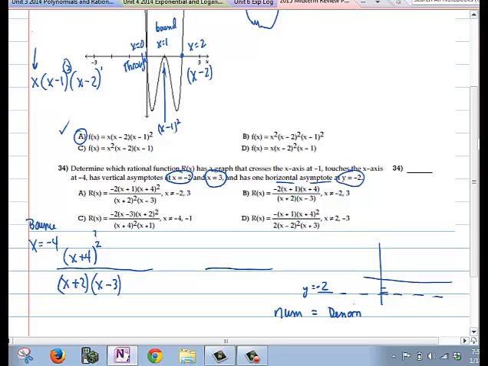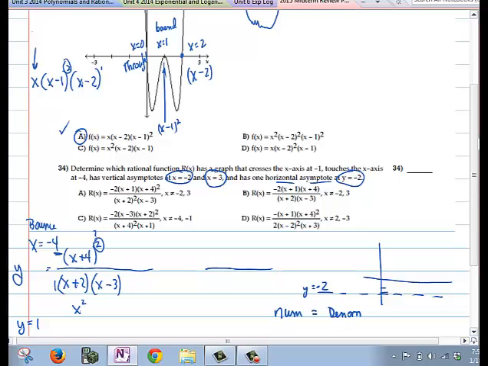So in this case with this function, my numerator order is order 2, and my denominator order, because when I FOIL this, I will get x squared. So my orders would match, and I would definitely have a horizontal asymptote at y equals some number other than 0. But if you look at this, the leading coefficient would just be 1.